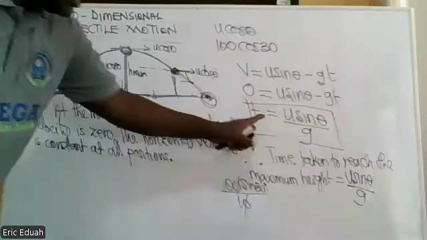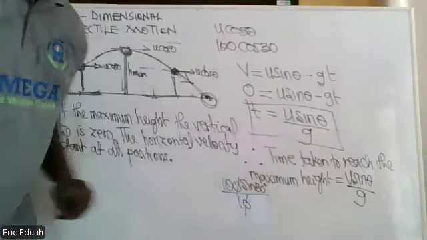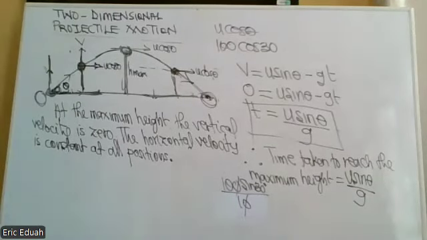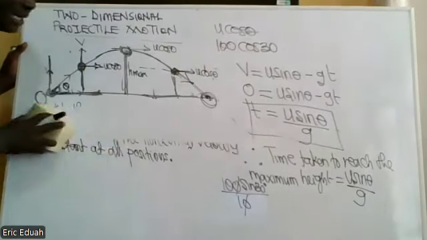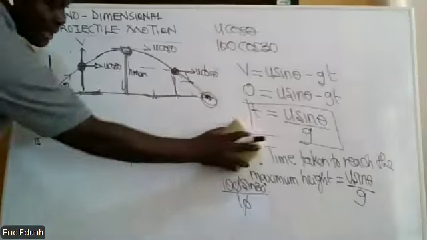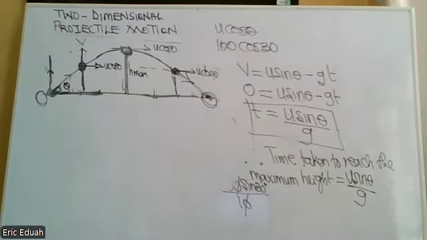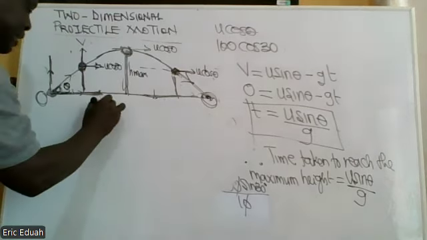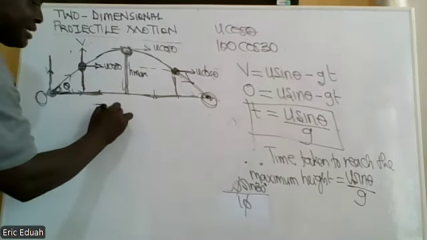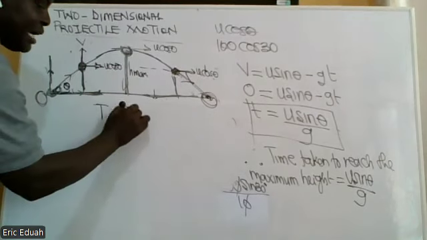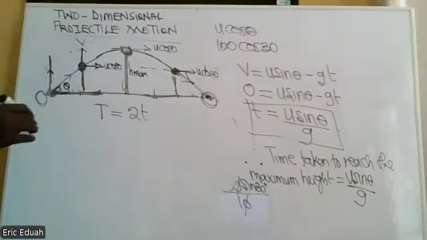So if small t is the time taken to reach the maximum height, then the time of flight, capital T, is equal to 2 times small t.